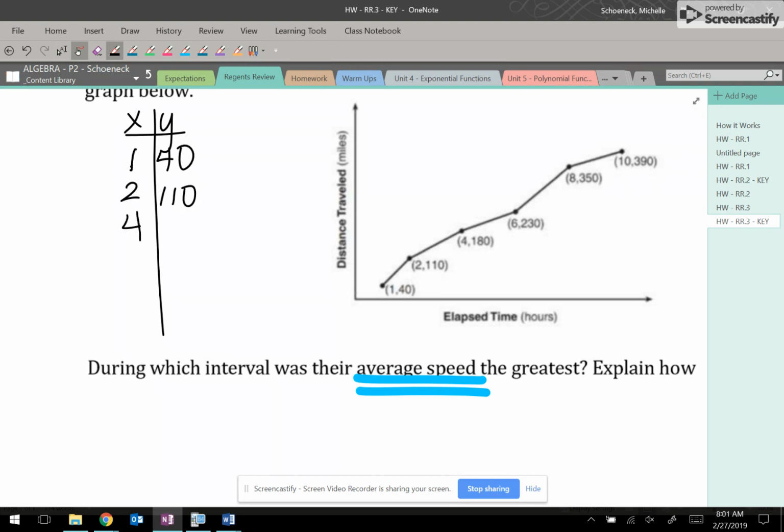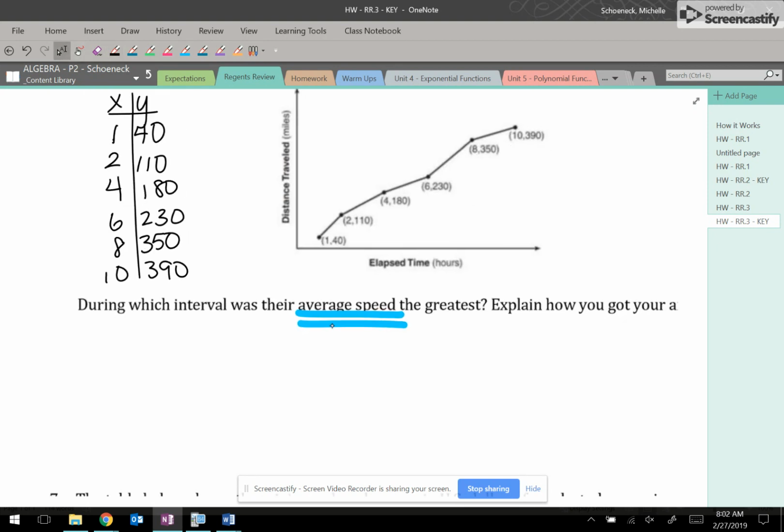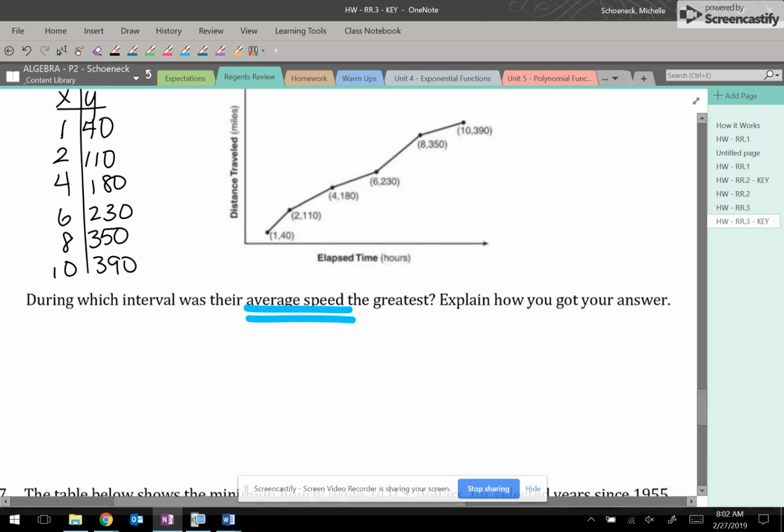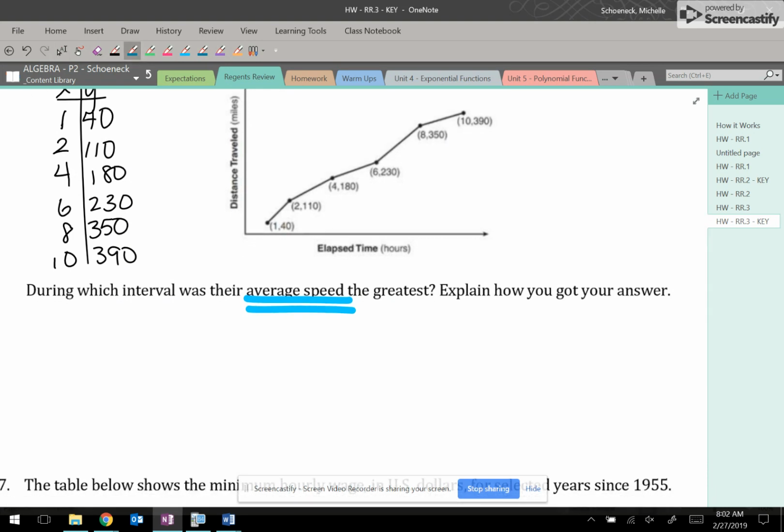It is your job now to find the slopes between all of these because it's asking during which interval, like 1 to 2, 2 to 4, 4 to 6, 6 to 8, or 8 to 10, which one has the largest interval. All right, pause the video now and make sure you're calculating the slopes between these.